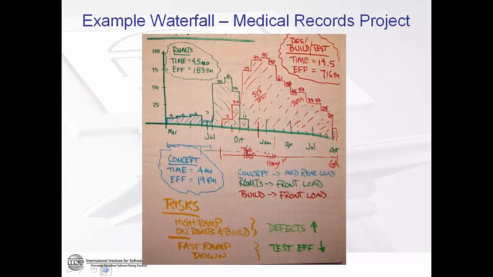The company was in Raleigh, North Carolina, and they were responsible for the concept design phase in the blue on the left between March and July, as well as the requirements and definition phase, which is in the green, July through October. And then the build phase was in the red, starting at about 7 people on the team, bumping up to 30, and this very ambitious peak of 95 people at the peak.